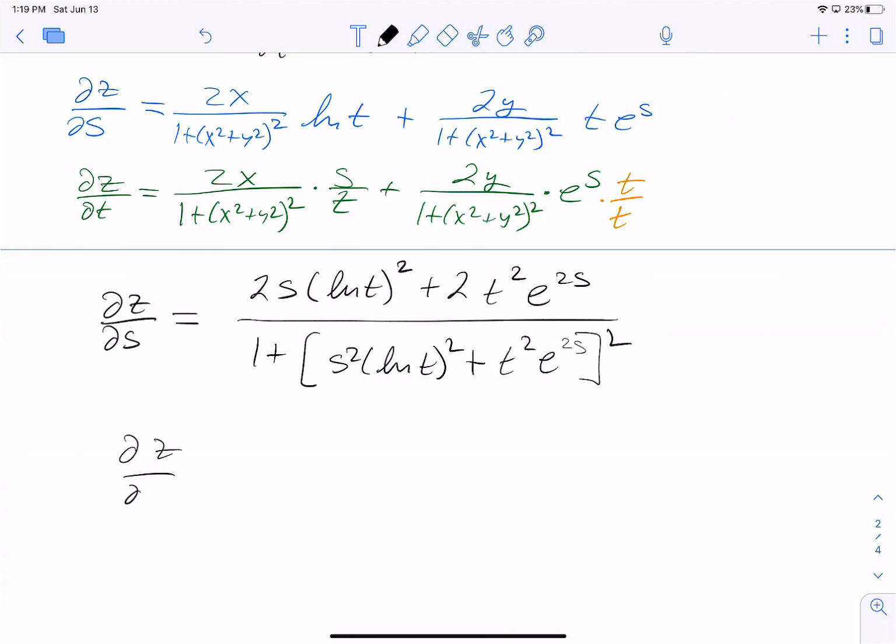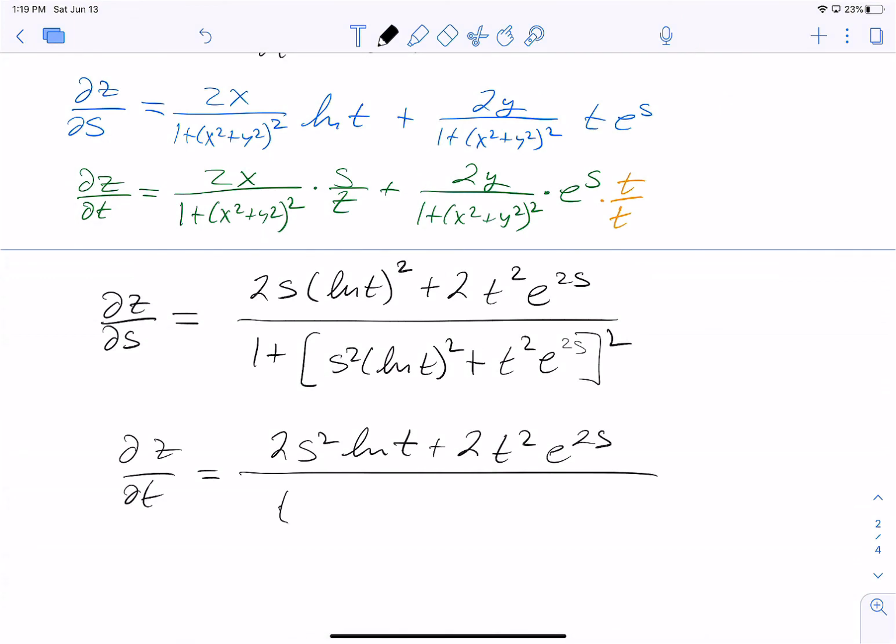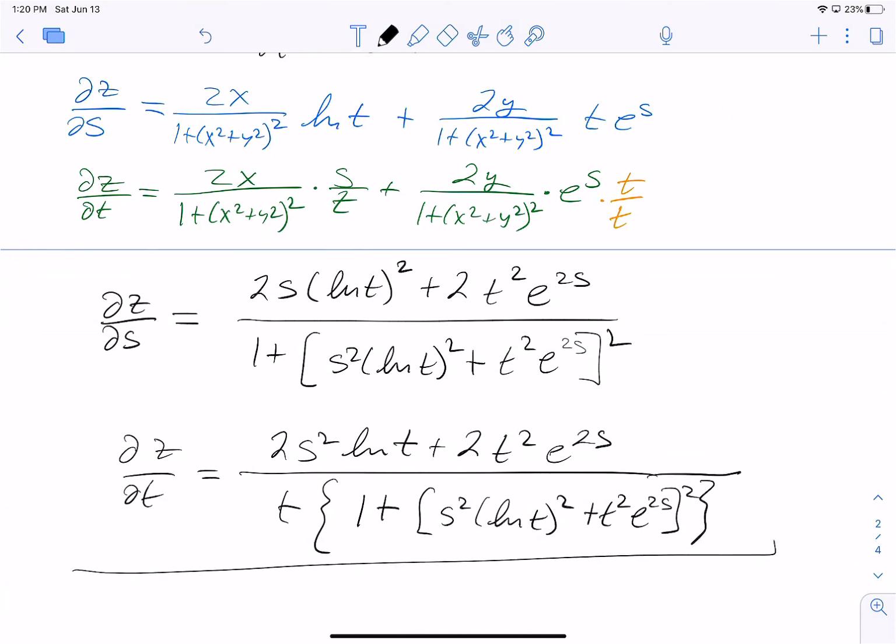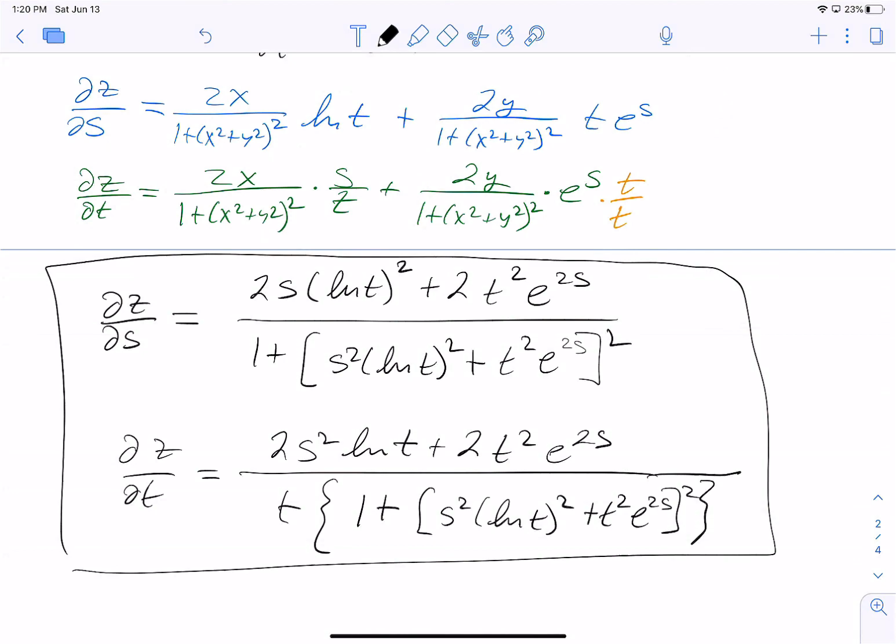Partial of z with respect to t is equal to 2s squared times the natural log of t plus 2t squared e to the 2s divided by t times 1 plus the quantity of s squared times the natural log of t squared plus t squared e to the 2s, squared. That, cumbersome though it is, is our final answer.